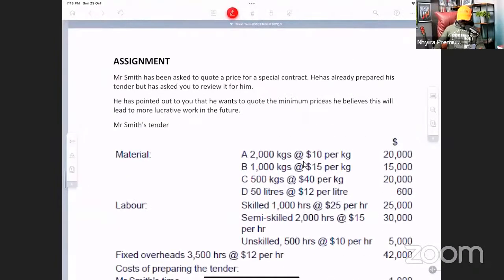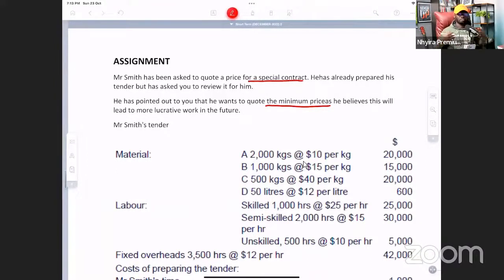Mr. Smith has been asked to quote a price for a special order. He has already prepared his tender, but has asked you to review it for him. He has pointed out to you that he wants to quote the minimum price as he believes this will lead to more lucrative work in the future.